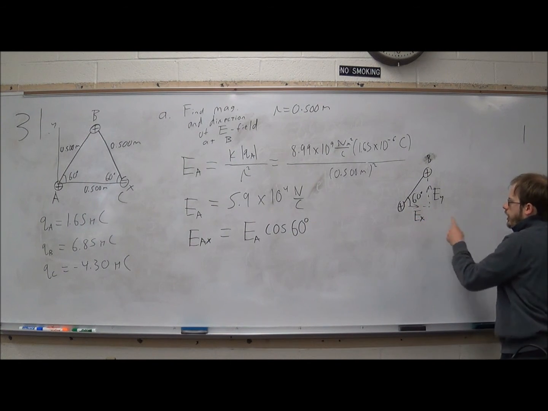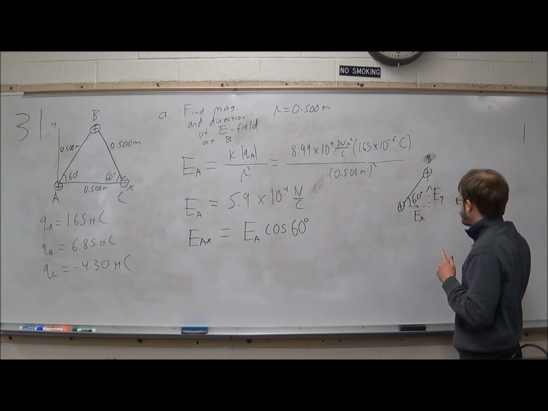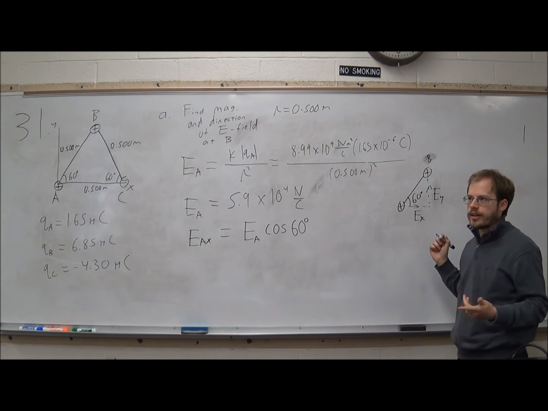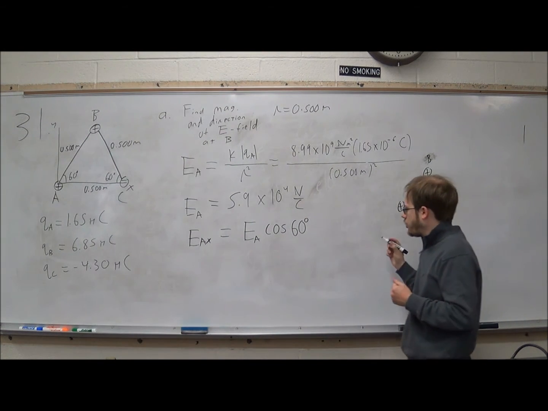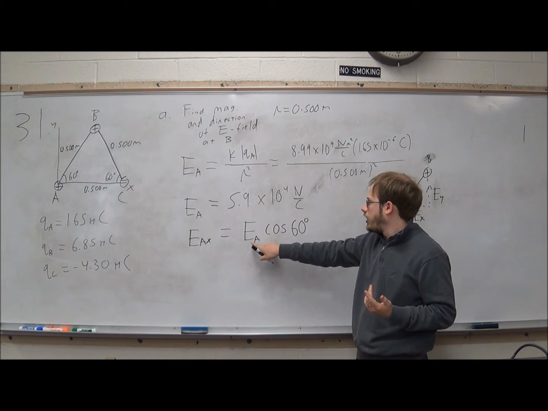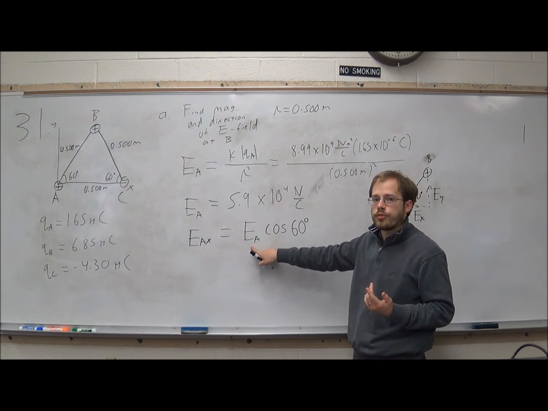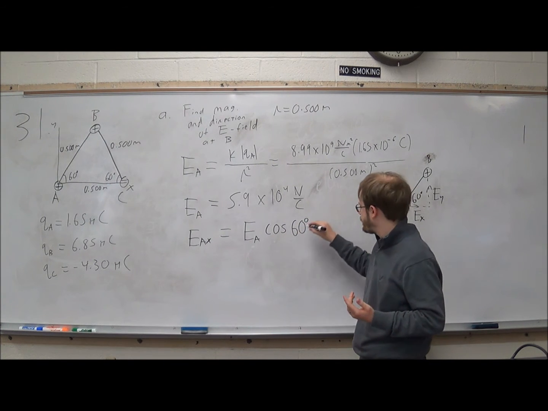To get the x component, we use cosine, because cosine is adjacent over hypotenuse. So the x component is the hypotenuse, in this case the magnitude of the electric field due to charge A, times the cosine of 60 degrees.